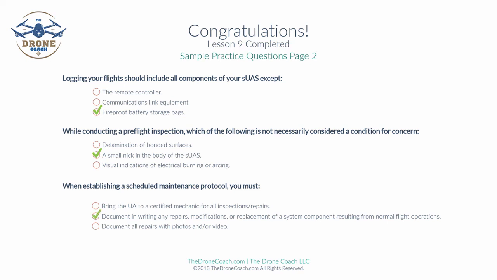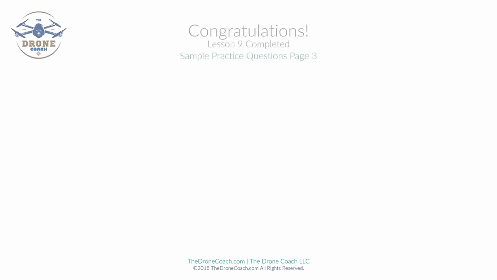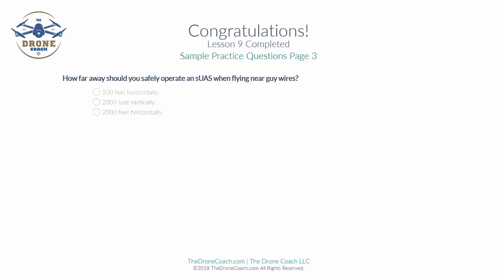Just document in writing any repairs, modifications. Keep a flight log. Good ideas. How far away should you safely operate your sUAS when flying near guy wires? This is a recommendation by the FAA. It is not mandated. 2,000 feet horizontally.